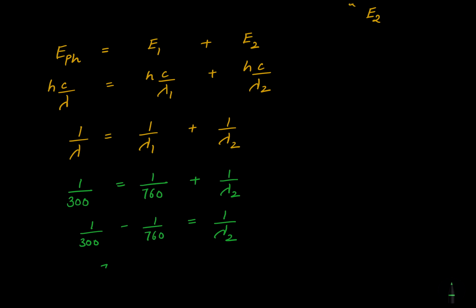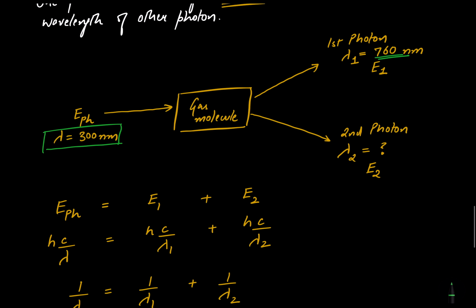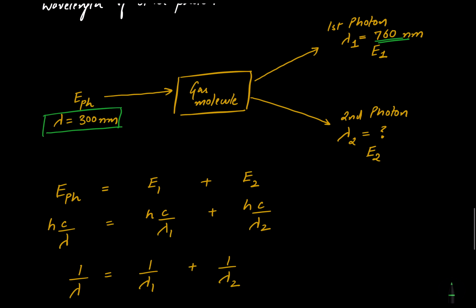It comes out to be further 760 minus 300 divided by 760 into 300. I have taken the LCM. It comes out to be 1 by lambda 2, and now the lambda 2 comes out to be 495.6 nanometers. So this was also a very easy question. Hopefully my dear students, you got the fifth numerical also.